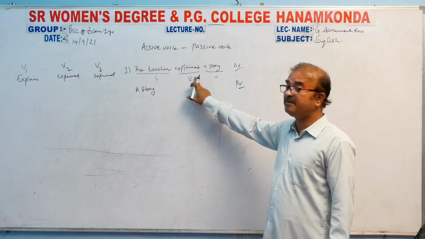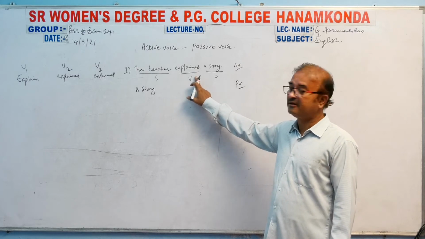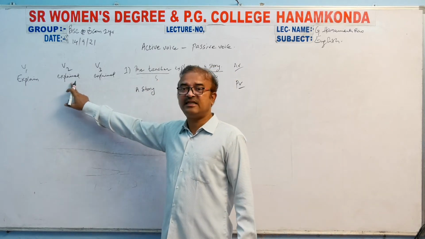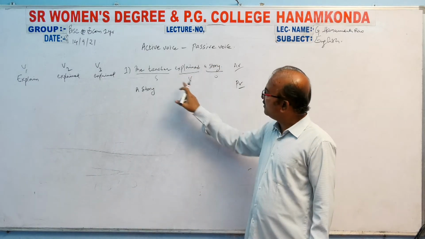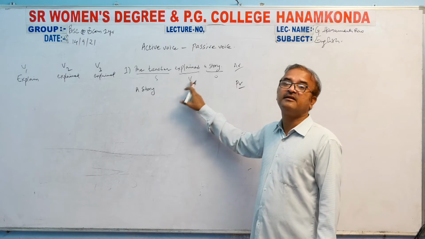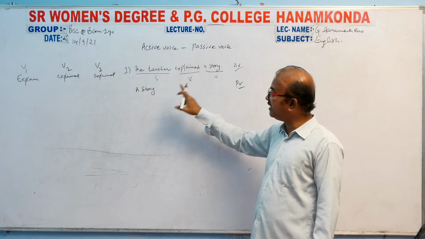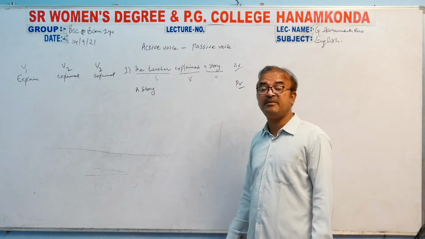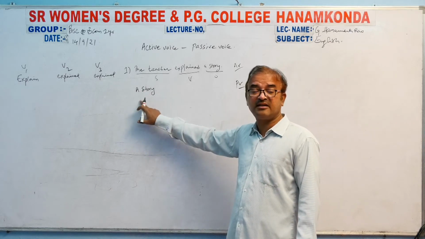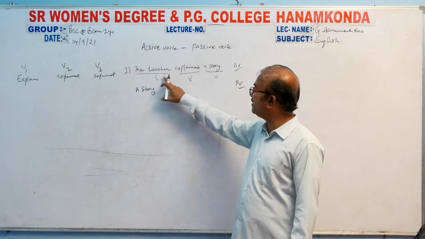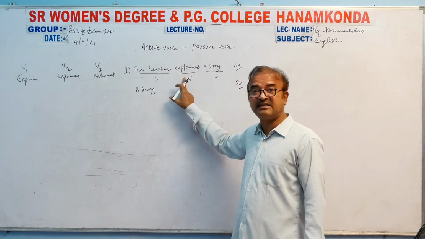Now check this, explained. Here, V2, that is nothing but past tense. So, verb in the past tense, object singular. What do we get here in passive voice, girls? What kind of helping verb do we get in passive voice to refer to singular here, because a story is singular, plus the verb is in past tense?